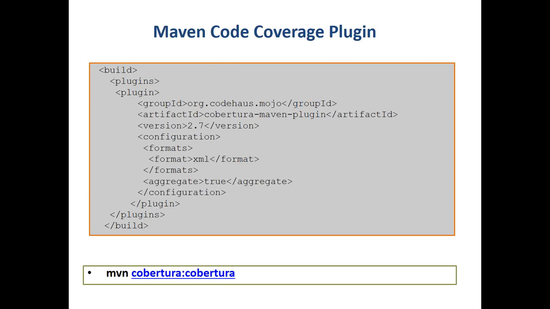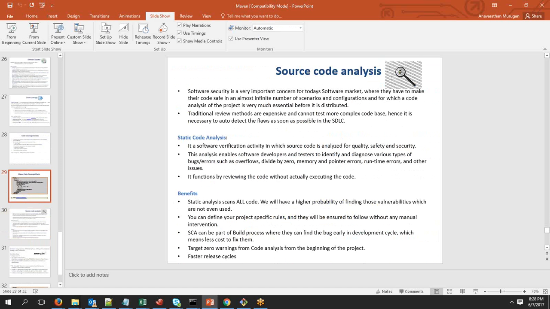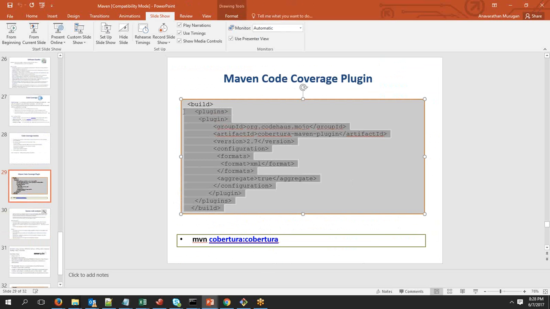Once again, if you're going to use a plugin, you first have to form the structure, and in that you are going to get the GAV of this, and then you have to give certain configuration values where the output of your Cobertura will be an XML file which will have the report on the percentage of code coverage that you have done. Okay, suppose you are interested to run this against your project, then simply take this as an example.